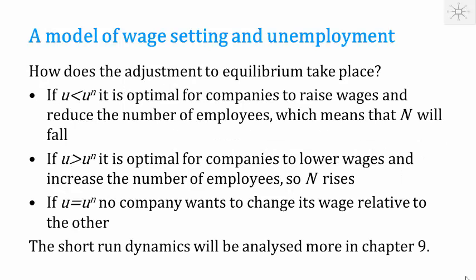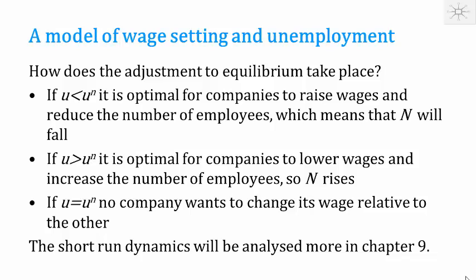So you could ask, how does the adjustment to equilibrium take place? Well, if unemployment is below the natural level, then it's optimal for the firms to raise their wages and reduce the number of employees, which means that employment will fall and unemployment will increase. So you adjust towards equilibrium.